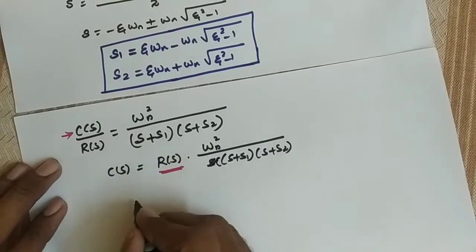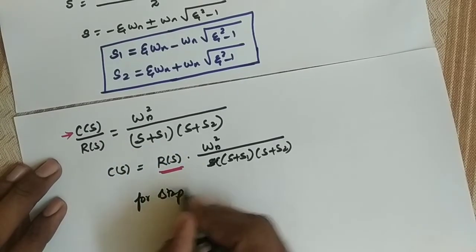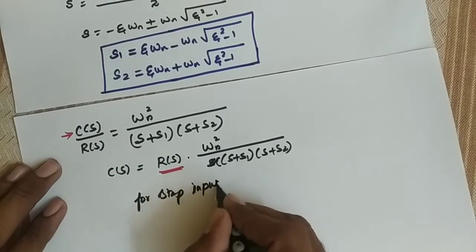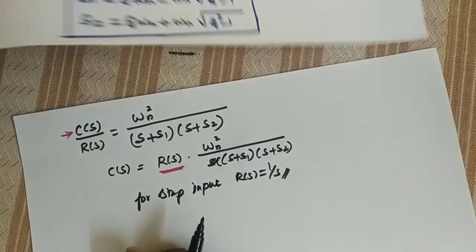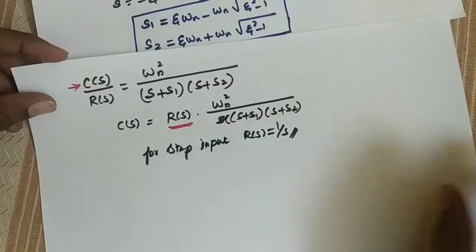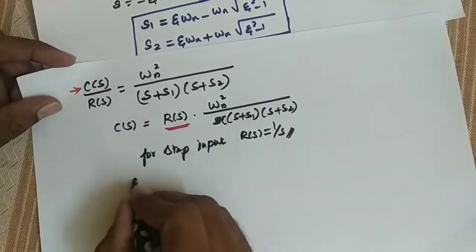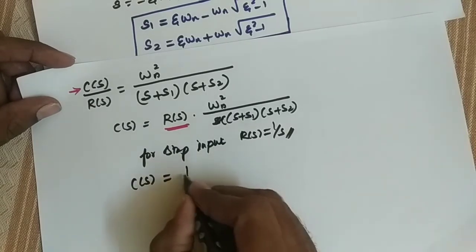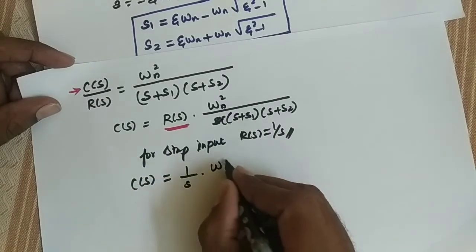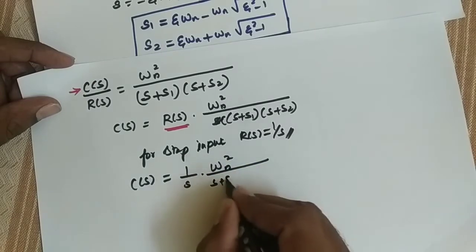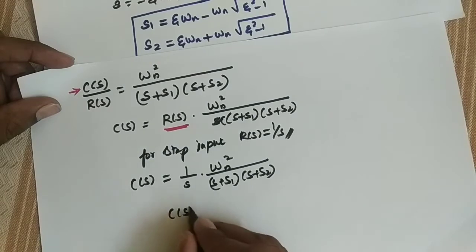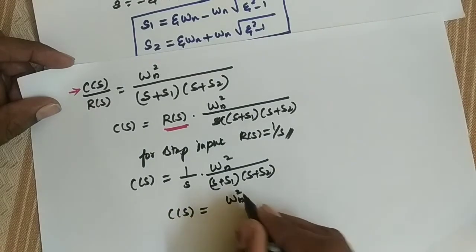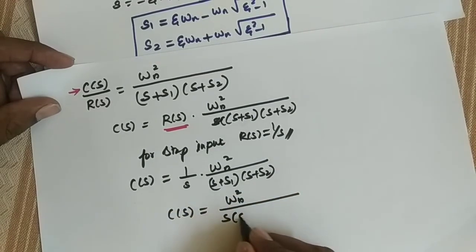R of s for a step input is 1 by s, as we already discussed. Let's substitute the value of R of s here. We get the step response: 1 by s into omega n square divided by s plus s1 into s plus s2. This is the step response of the second order overdamped system.